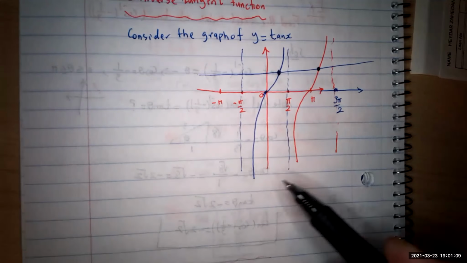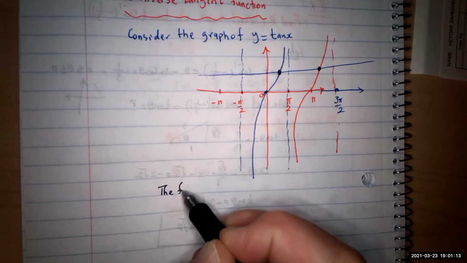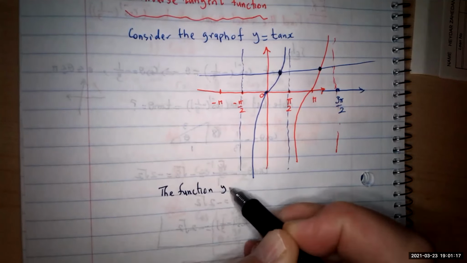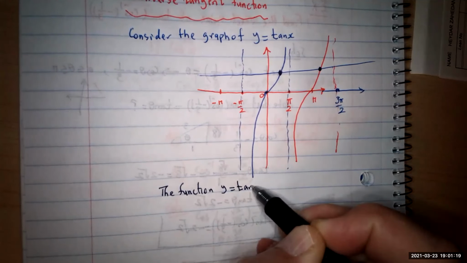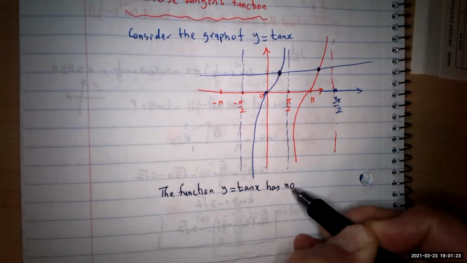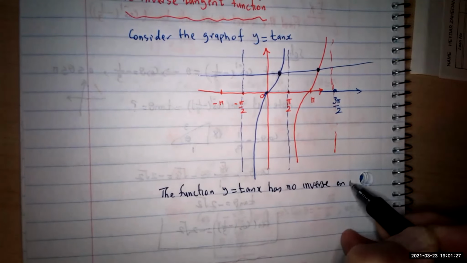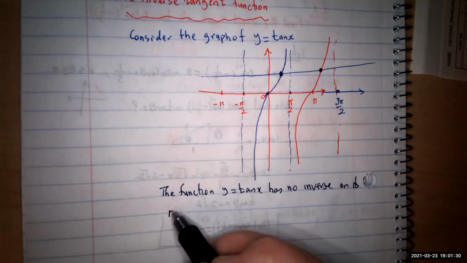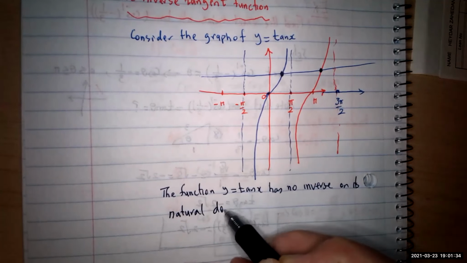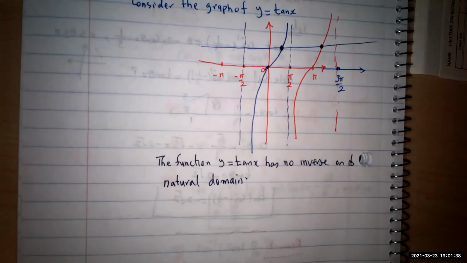So as you can see, the function y equal to the tangent of x has no inverse on its natural domain. The natural domain is all real numbers. So we pick one interval.